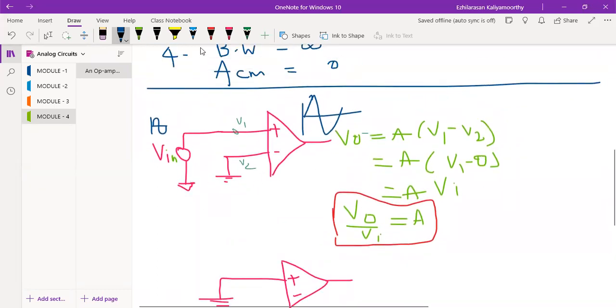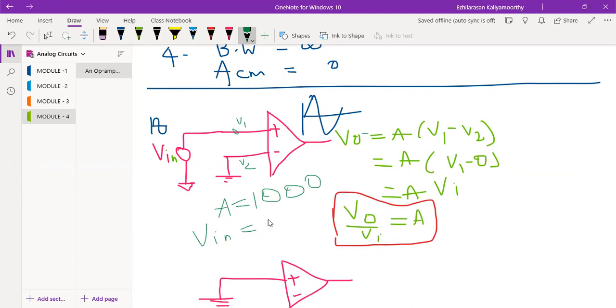Let me give a simple example. Let us consider the gain A is 1000. Now what is the input I am having? Think about 1 volt, for example.